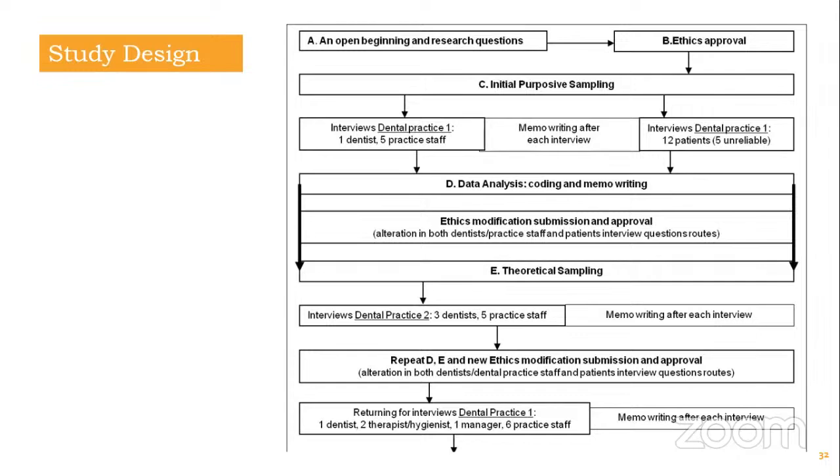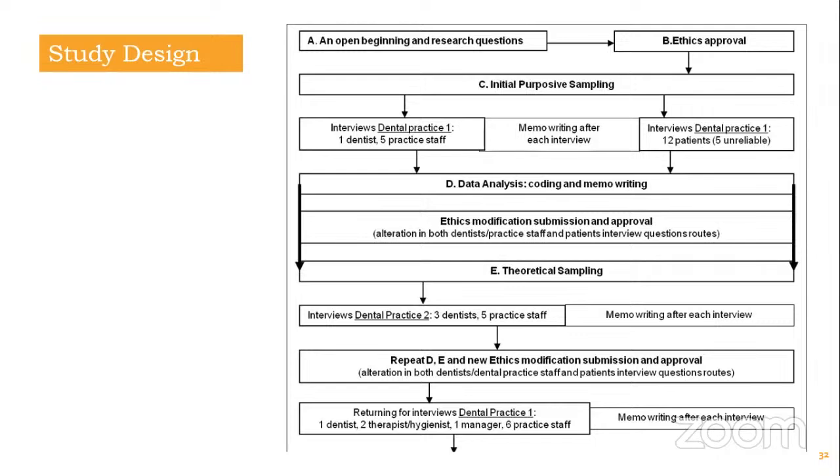Now you see at this particular stage, stage C, initial purposive sampling, how they worked in this particular stage. Firstly, they interviewed one dentist and 5 practice staff. They were purposively chosen for these interviews, and this interview phase included interviewing only one dentist and 5 practice staff.